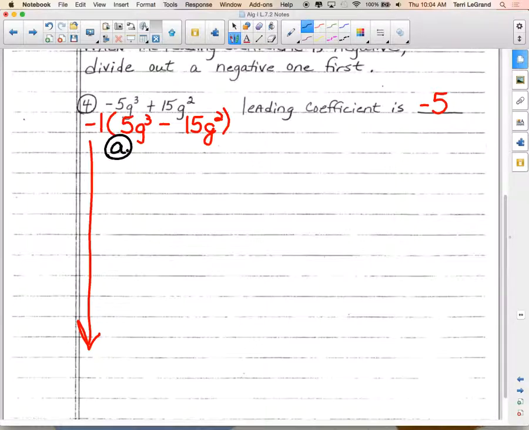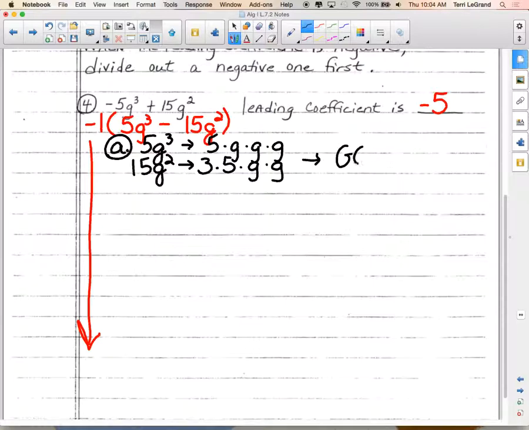So we have 5g to the third, and we have 15g squared, and we're going to factor those. So we have 5 times g times g times g. We have 3 times 5 times g times g. So our GCF is what? 5g.